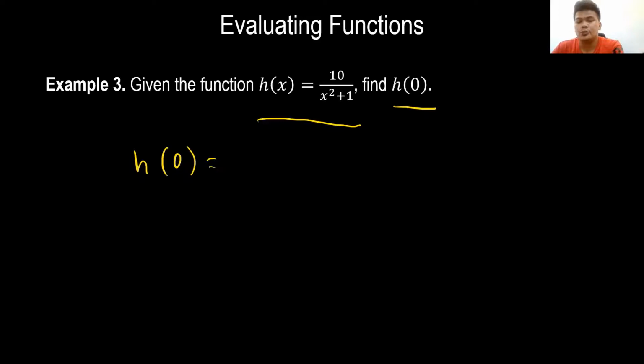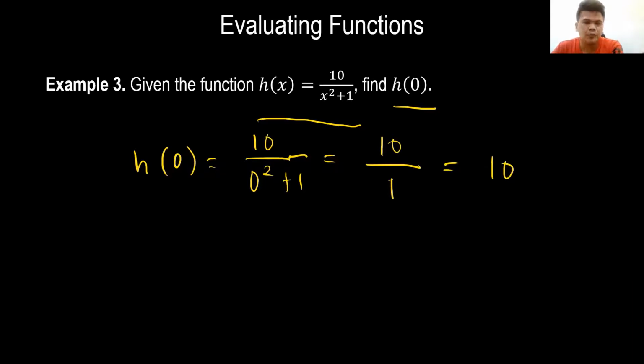Then we just need to plug in 0 to the x variable of our given function, that is 10 over 0 squared plus 1. That gives us 10 over, of course, 0 squared, that's equal to 0, plus 1, this is equal to 1. And of course, this is equal to 10.